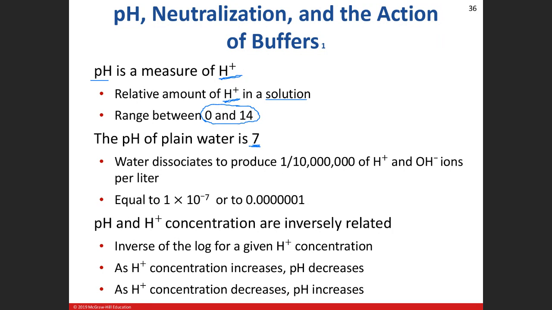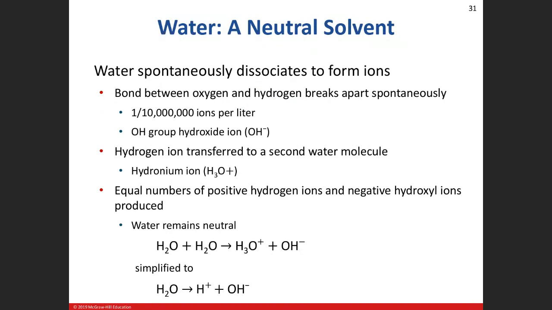And so plain water is actually going to be neutral. Because remember, going back to the first slide that I started talking about, when water dissociates, it dissociates into equal parts of hydrogen ions and equal parts of hydroxide ions.